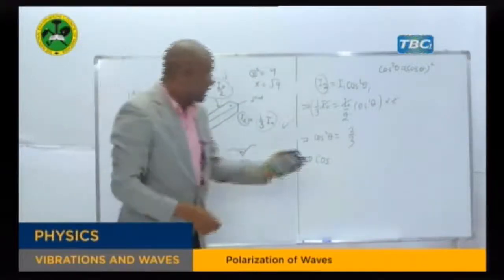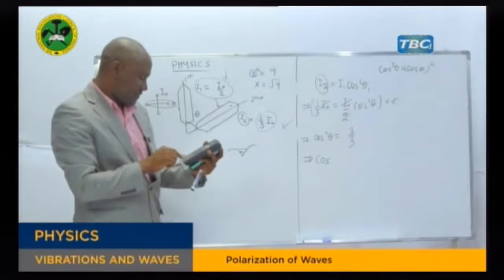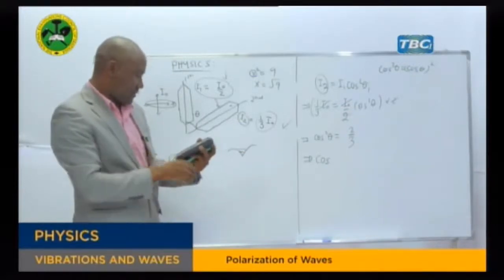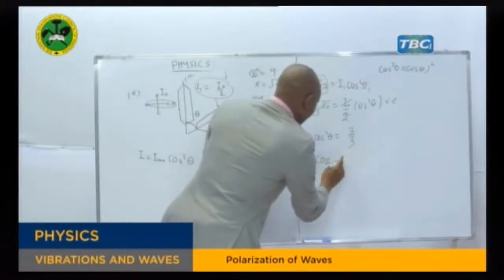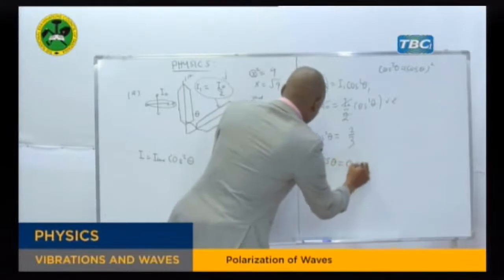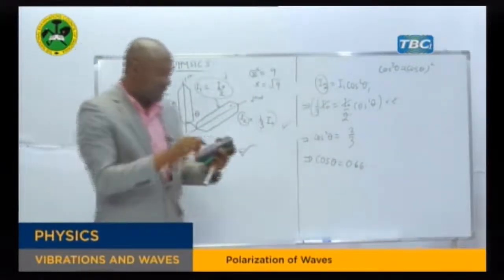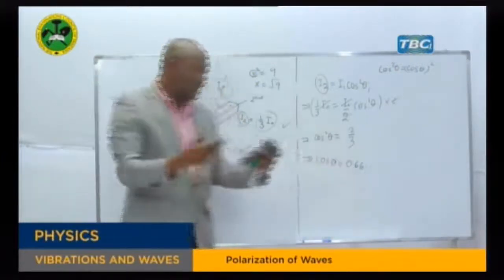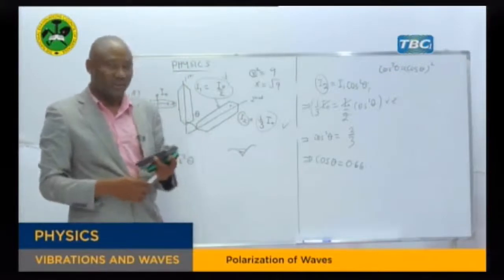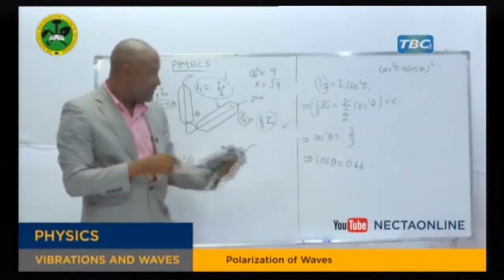So let's find the square root of that 2/3. The square root of 2/3 gives us 0.66. In other words, cosine theta is 0.66. And from there you can find the angle. Because it's repeating, you don't write 0.67 as an approximation. This approximation will lead to the wrong answer. So you can use the same calculator to automatically find the cos inverse now.